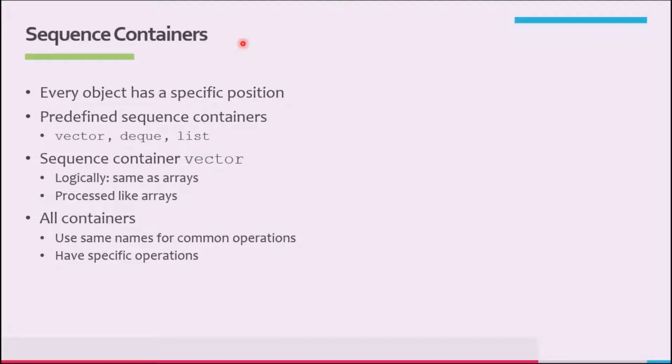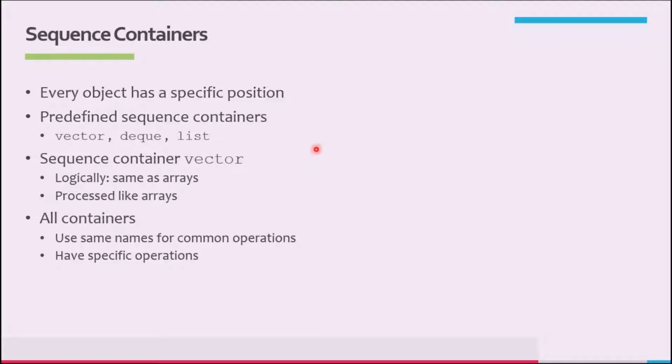Every object in a sequence container has a specific position. The three predefined sequence containers are as follows: vector, deque, and list. Before discussing container types in general, let us first briefly describe the sequence container vector.